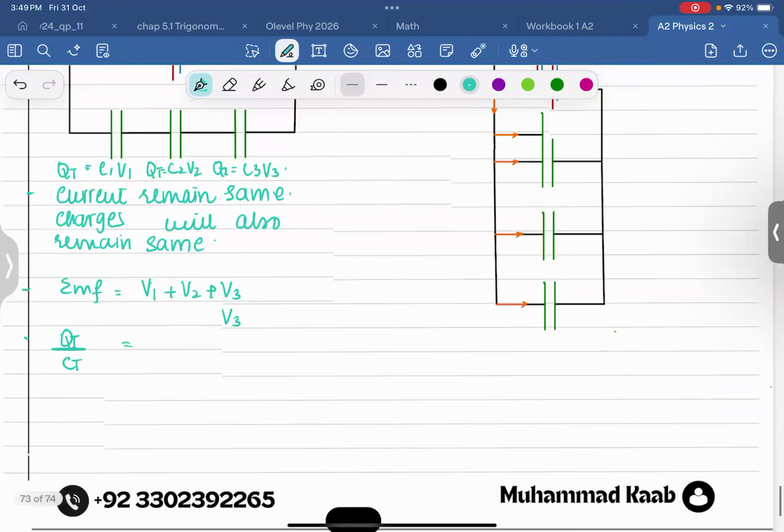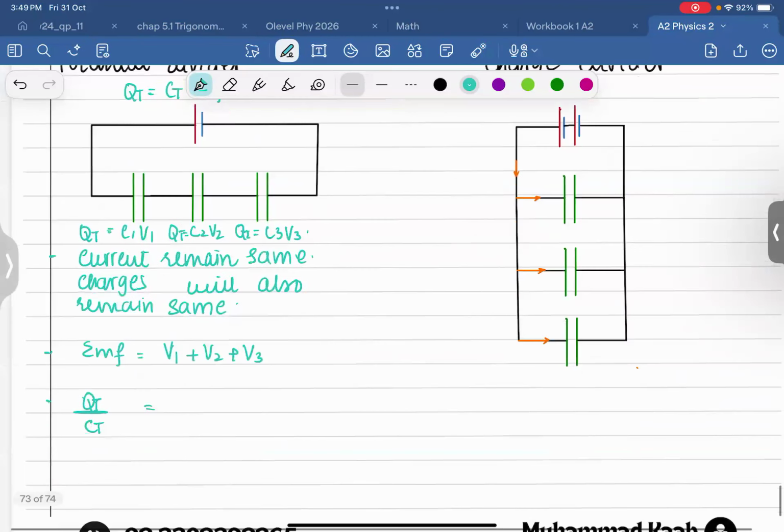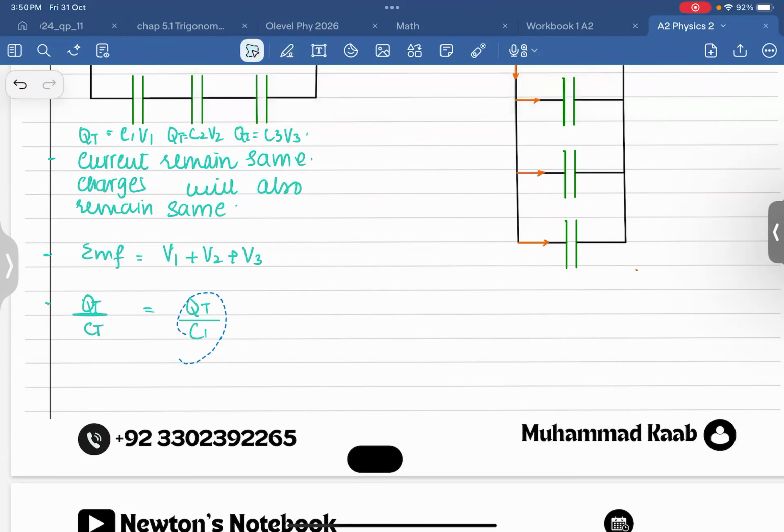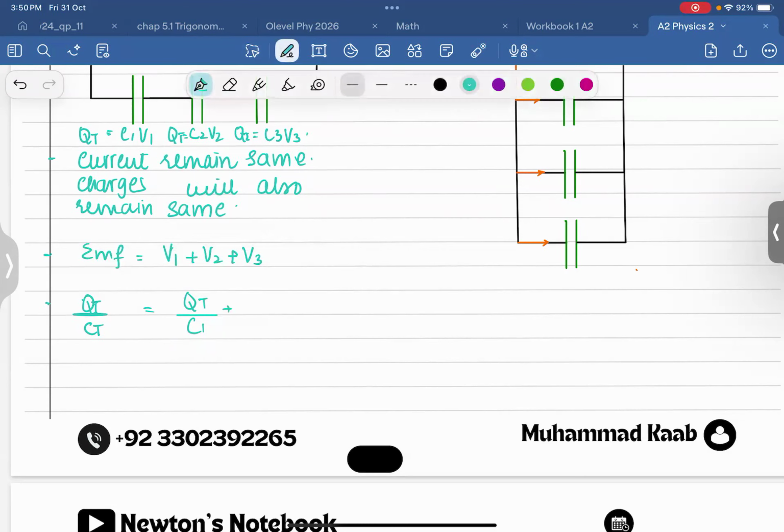For V1, Q total over C1, because I'm making V the subject. For the second capacitor, Q total over C2, plus Q total over C3.